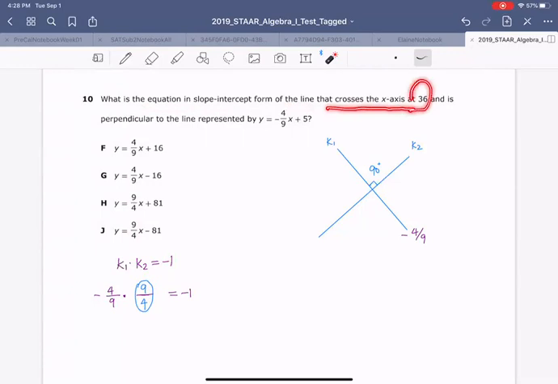So you are not quite sure which one you want to choose between H and J, but you want to plug in x equals 36 to see which one gives you a y of 0, right?